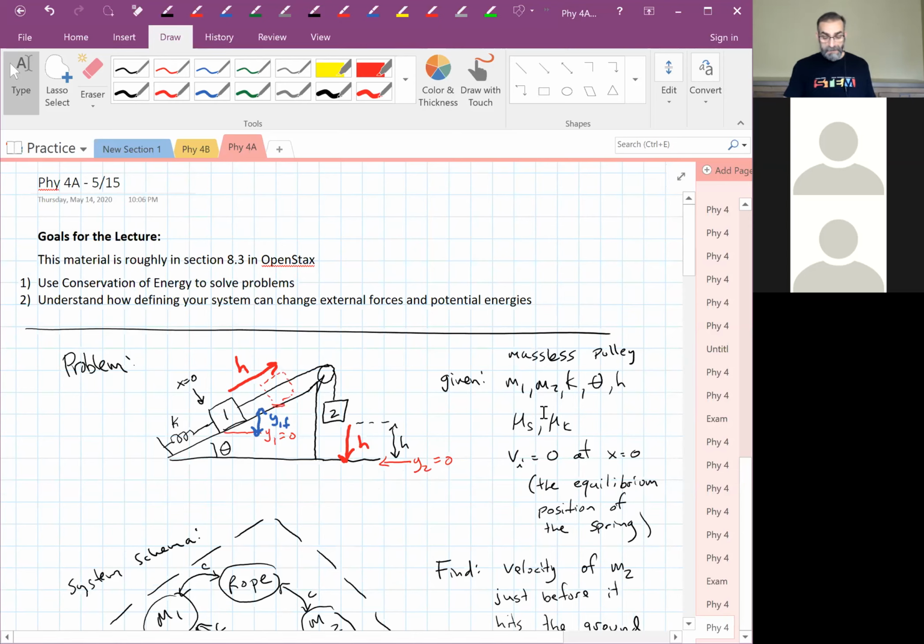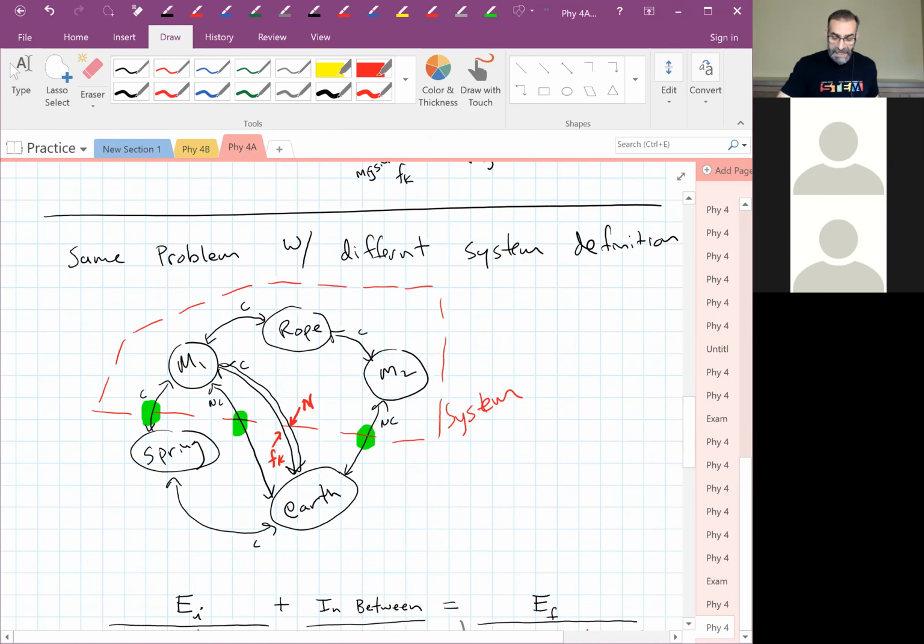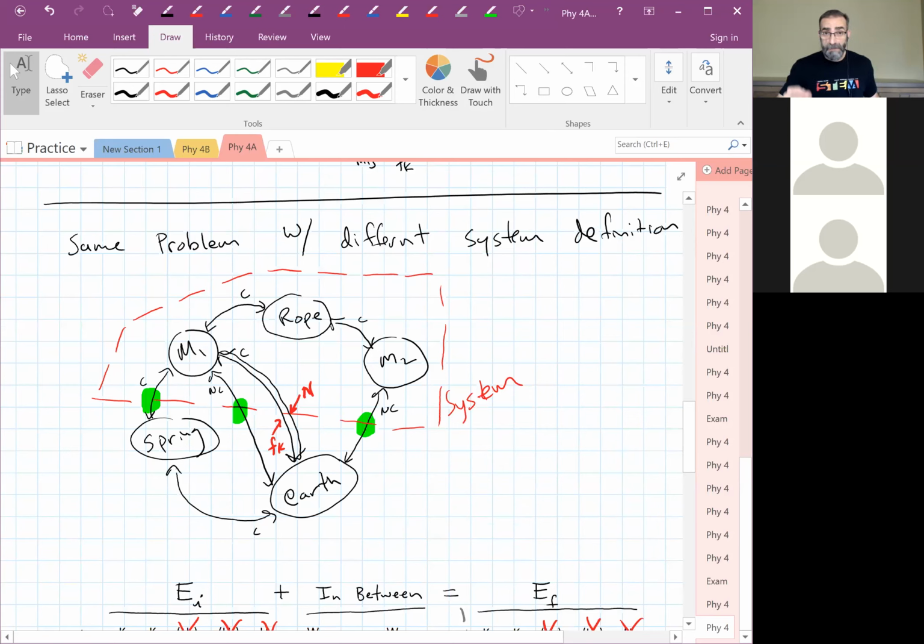As M1 starts to go up the hill, the spring becomes stretched. It's pulling back. M1 is going up the hill. The spring is pulling down the hill. So it's doing negative work. It's trying to slow down block M1, doing negative work on M1. The work done by a spring could be positive or negative, but spring potential energy is always positive.